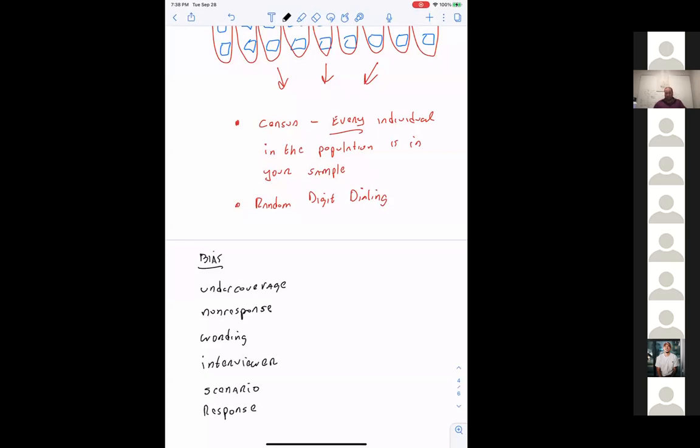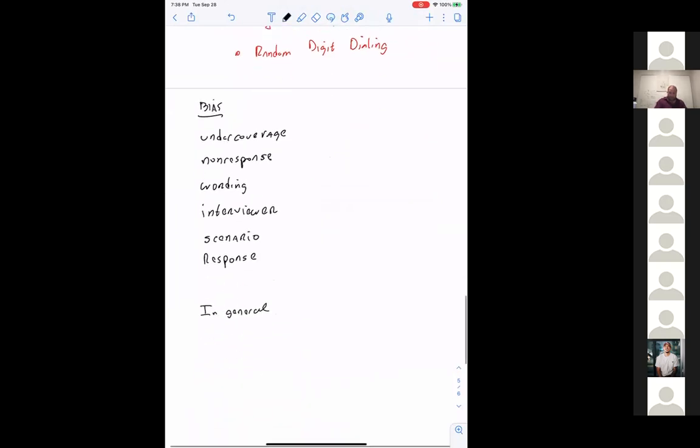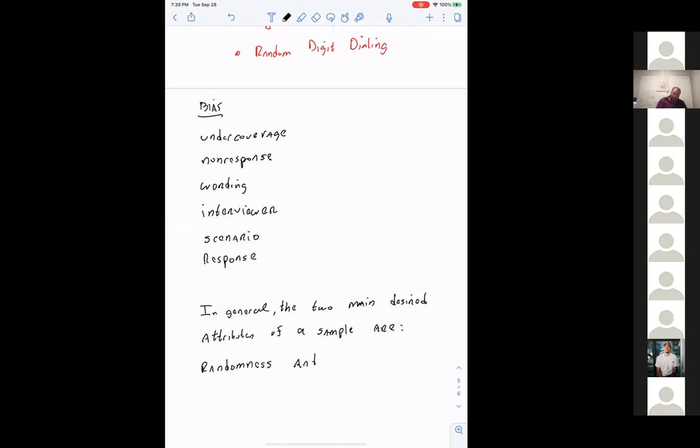But I will say that in general, the two main desired attributes of a sample are randomness and replication.